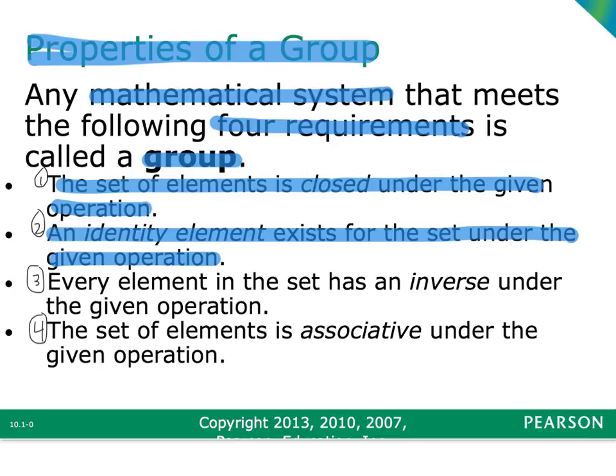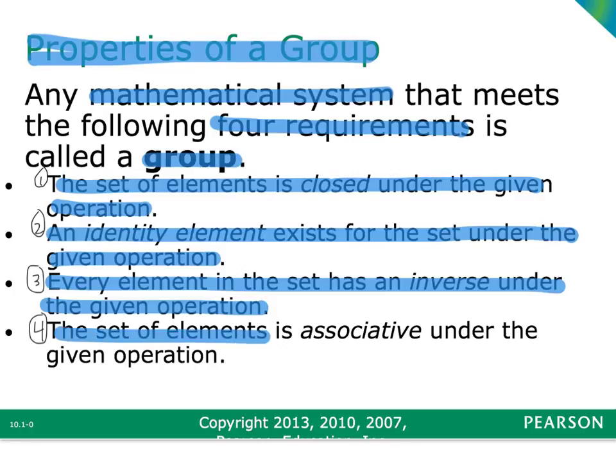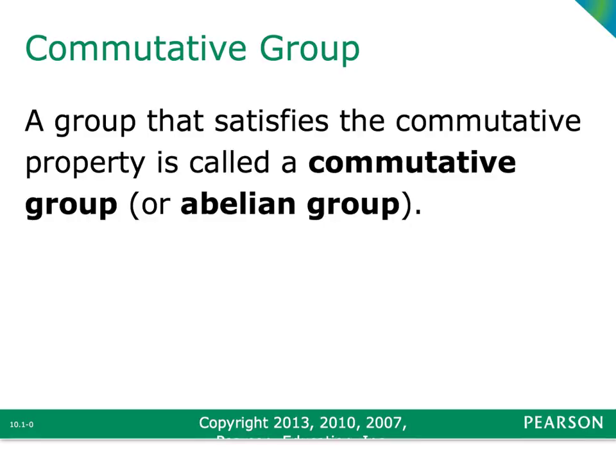It has to have an inverse in the given operation, so the inverse has to be in the set. And finally, the set of elements is associative under the given operation, so we'll look at the associative properties. So 4 things: closure, an identity element, an inverse, and the associative property working for any 3 elements. That defines a group.